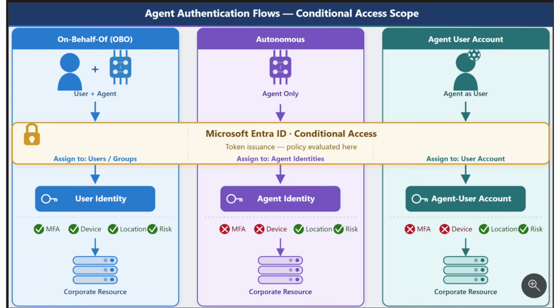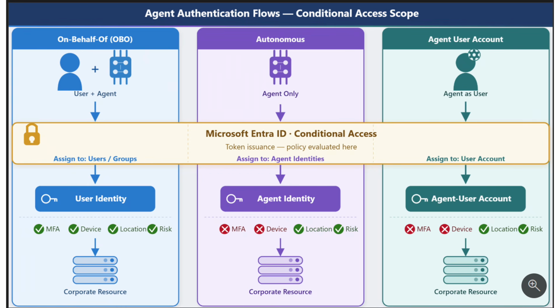To set the foundations about what an agent is and how an agent works, let's look at this picture here. This figure shows three ways that an AI agent can access company resources.